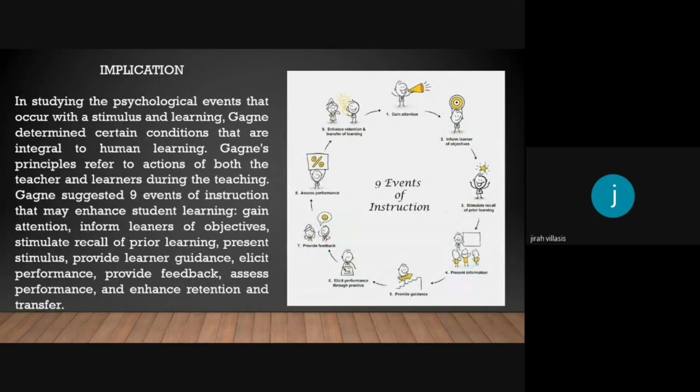So the implication of this study: in studying the psychological events that occur with the stimulus and learning, Gagne determined certain conditions that are integral to human learning.